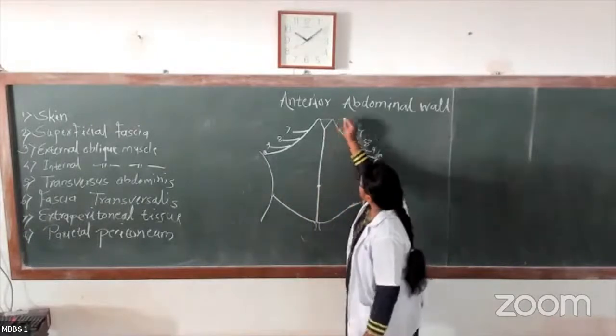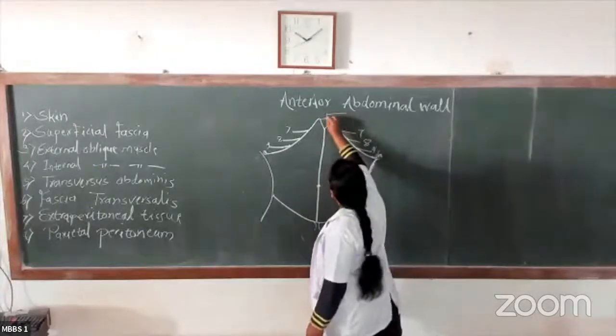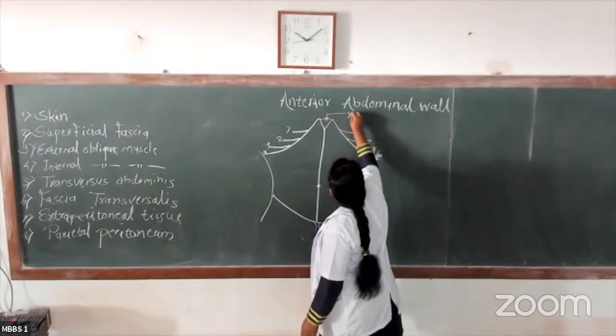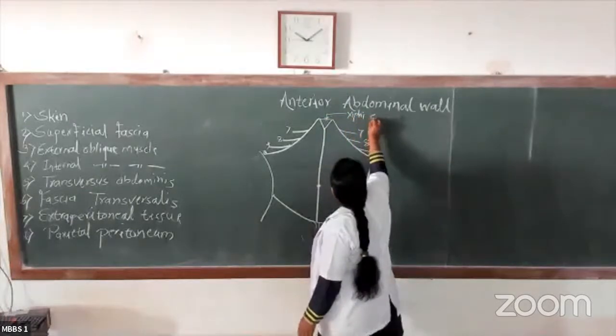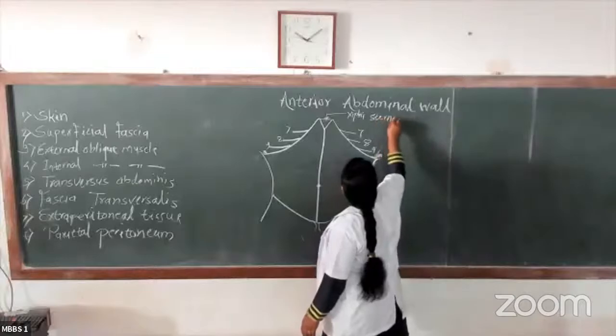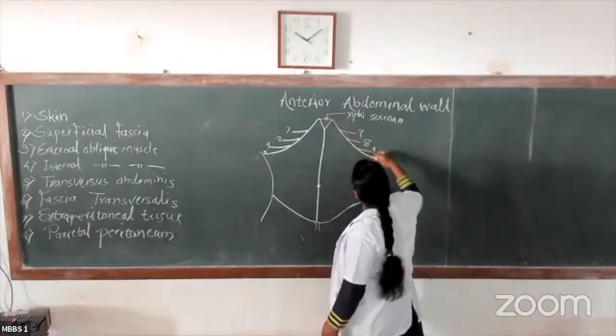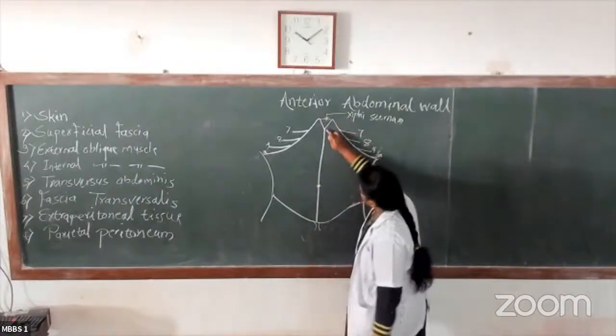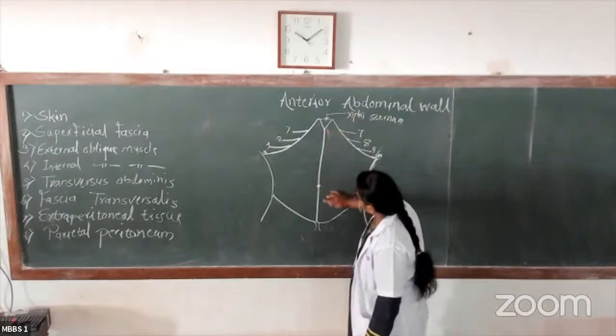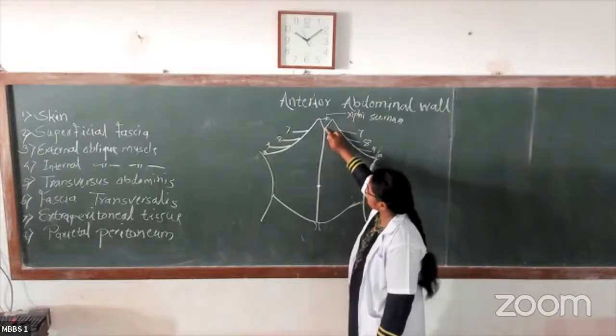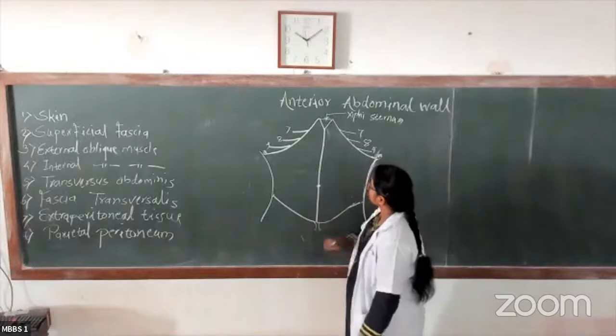This is the xiphisternum. This is the linea alba, which extends from the xiphisternum above to the pubic symphysis below.